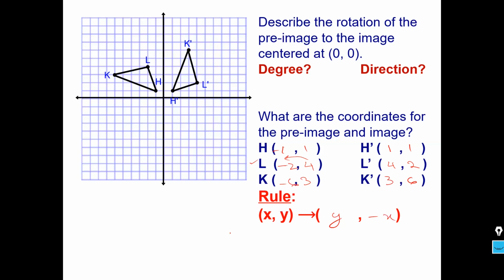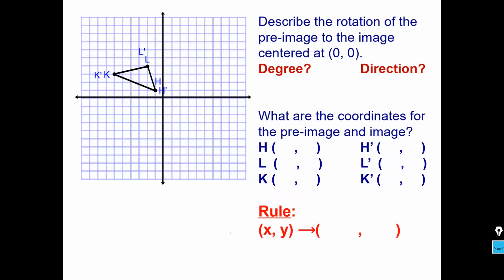So what is the rule? This rule, y and negative x, is 270-degree counterclockwise and 90-degree clockwise. Now look at the rule. Here you see L, K, L and H are equal to K dash, L dash and H dash.